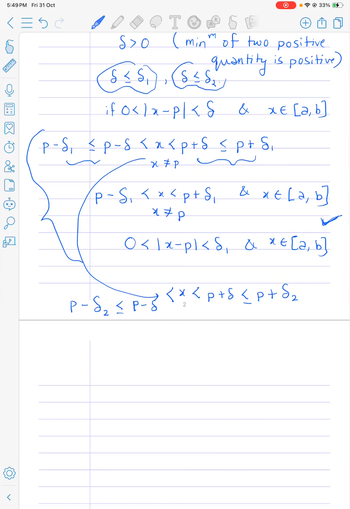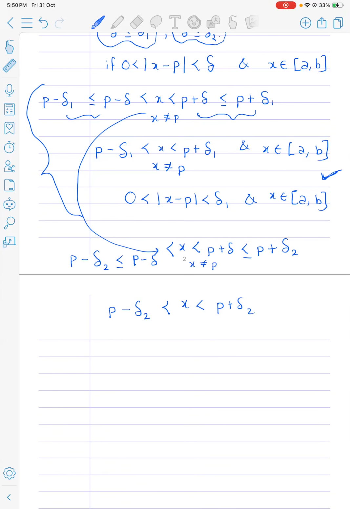Using this one, as you will see, this one will reduce to this thing.